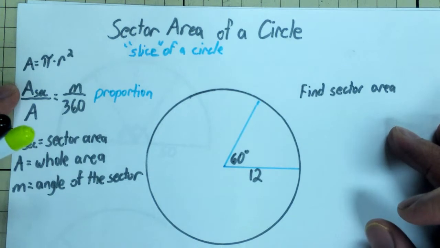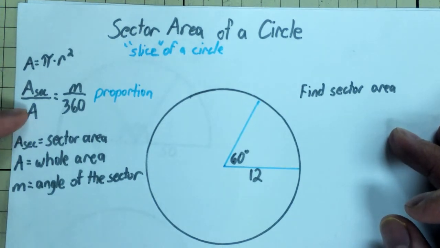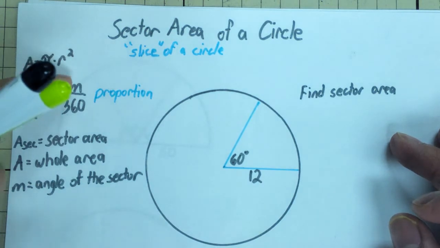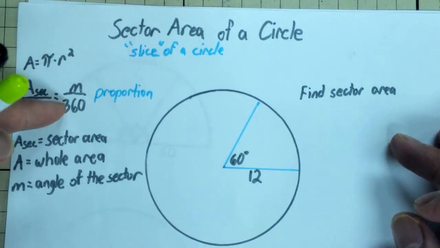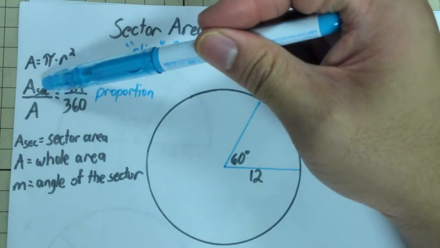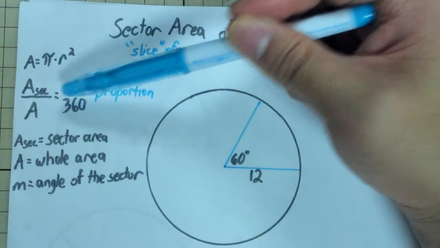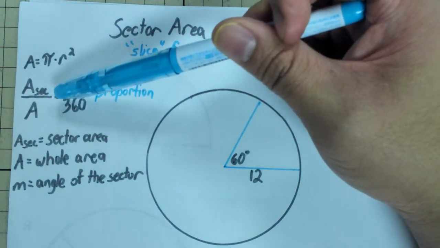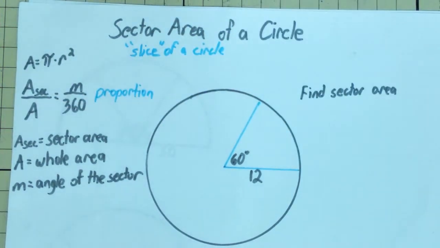Your sector area over your full area equals your angle measurement over your full angle. The way I describe this is part of the area over the whole area equals part of the angle over the whole angle. Part over whole equals part over whole.